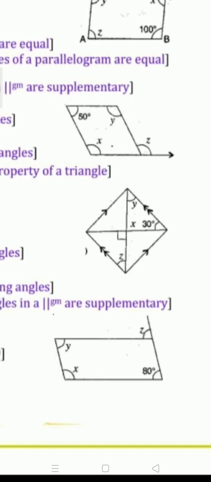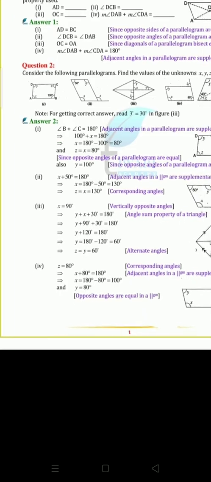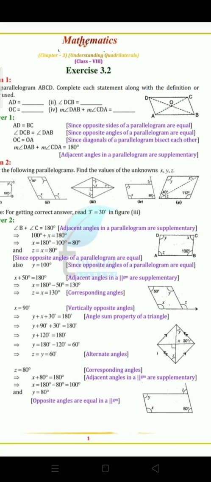As you know the property, corresponding angles are equal. So the z answer will also be 80 degrees. Clear? For the reasons, just check what I have written over here in purple. These are the reasons, and this way we can easily find the values of x, y and z.